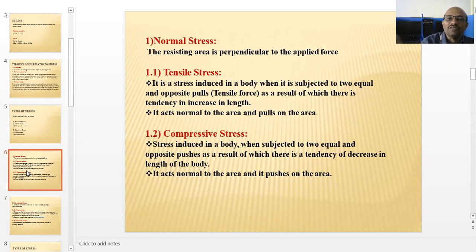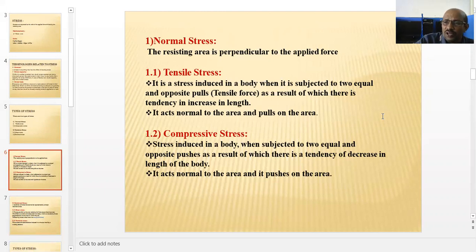As a result, there is a tendency to increase in length. That is called tensile stress.